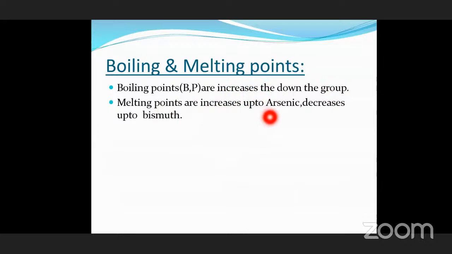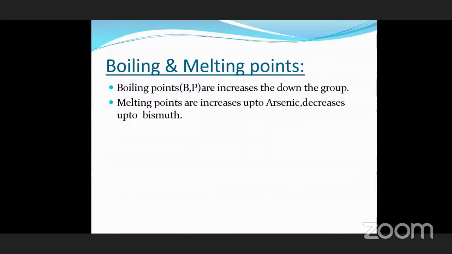Melting points also increase up to arsenic, then decrease up to bismuth. What is the reason here? Arsenic is involved in the sublimation property. Sublimation property we already discussed.